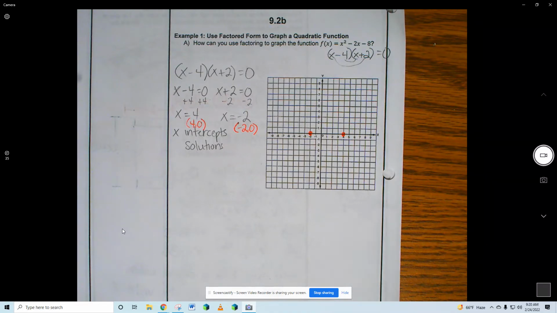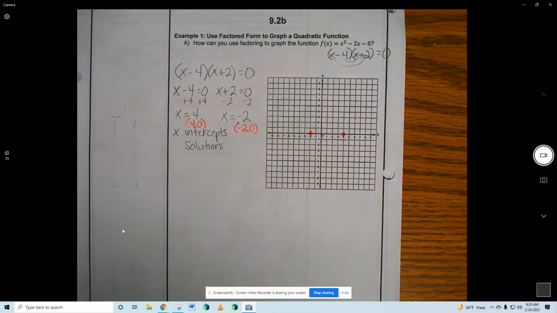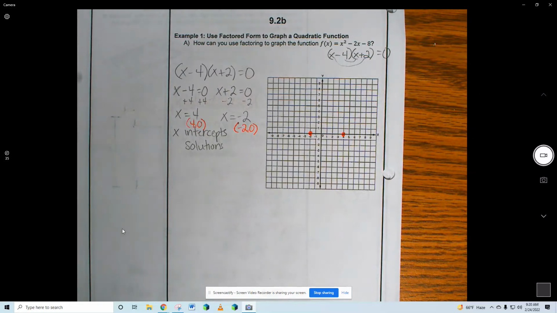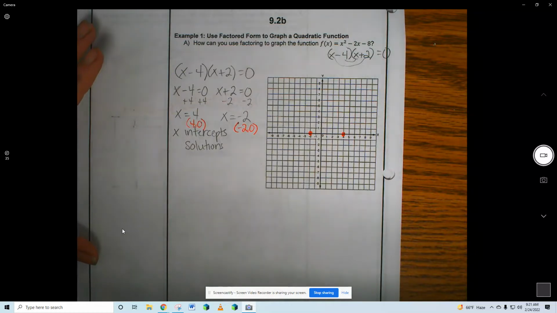Is there something else that's important? Not the domain, not the range. What are some other things that we learned? Vertex. Yes.